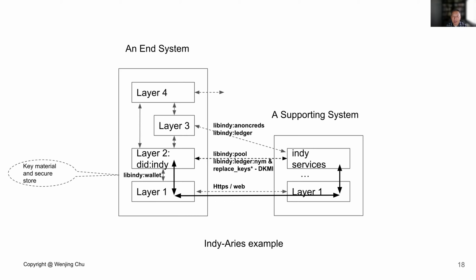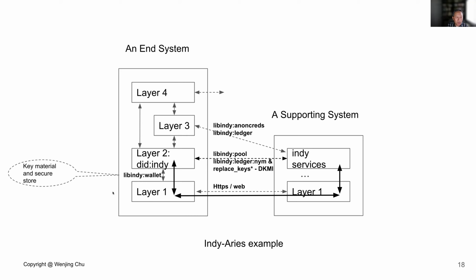So those are the key functionalities that allow layer 2 to function. Layer 2 implements that through an API to a supporting system, and that supporting system is one of the Indy services.